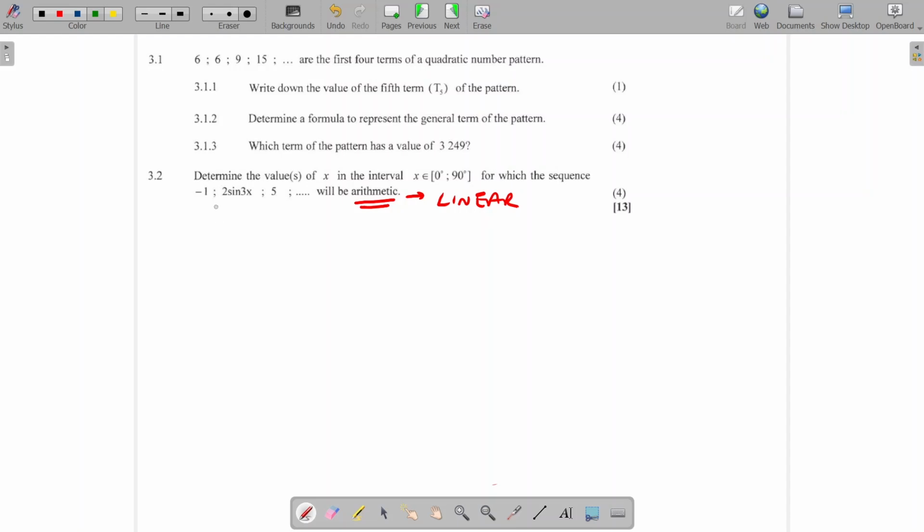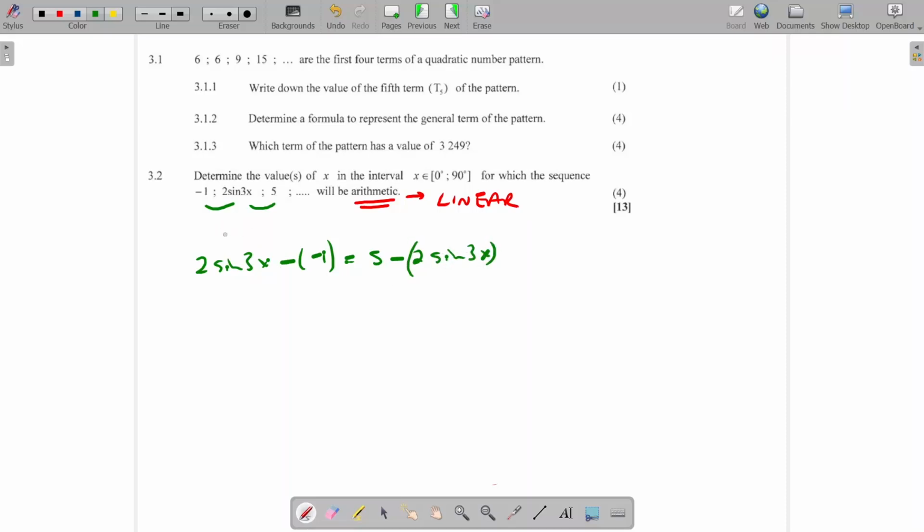So an arithmetic sequence is a linear sequence. It is one which would have an equation that looks something like Tn equals Mn plus C. But what we do know about linear patterns is that the difference between the terms is the same. So we would know that therefore 2 times sine of 3x minus 1 would be the same as 5 minus 2 times sine of 3x.